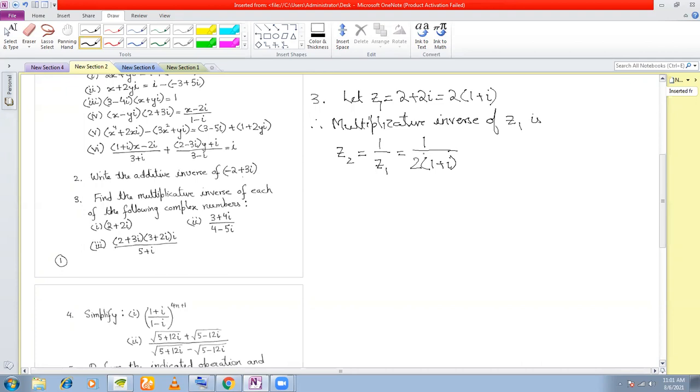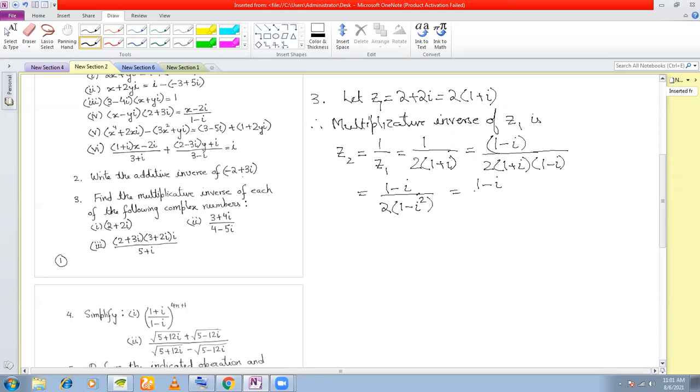Okay, so now what you need to do is express this in the form a plus ib. So you multiply the numerator and denominator by 1 minus i. So you get 1 minus i by twice 1 minus i square.